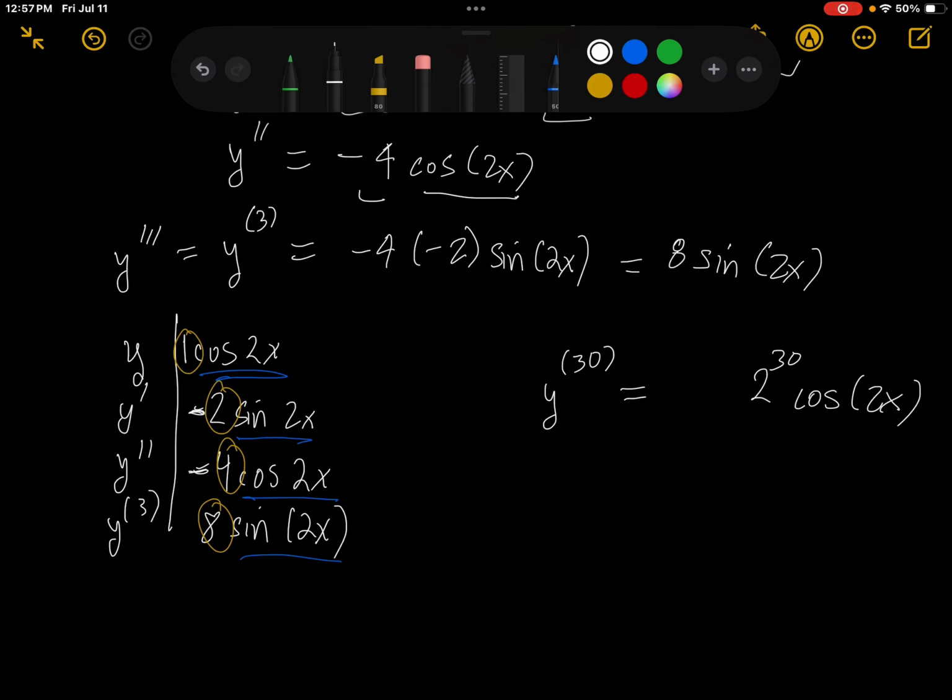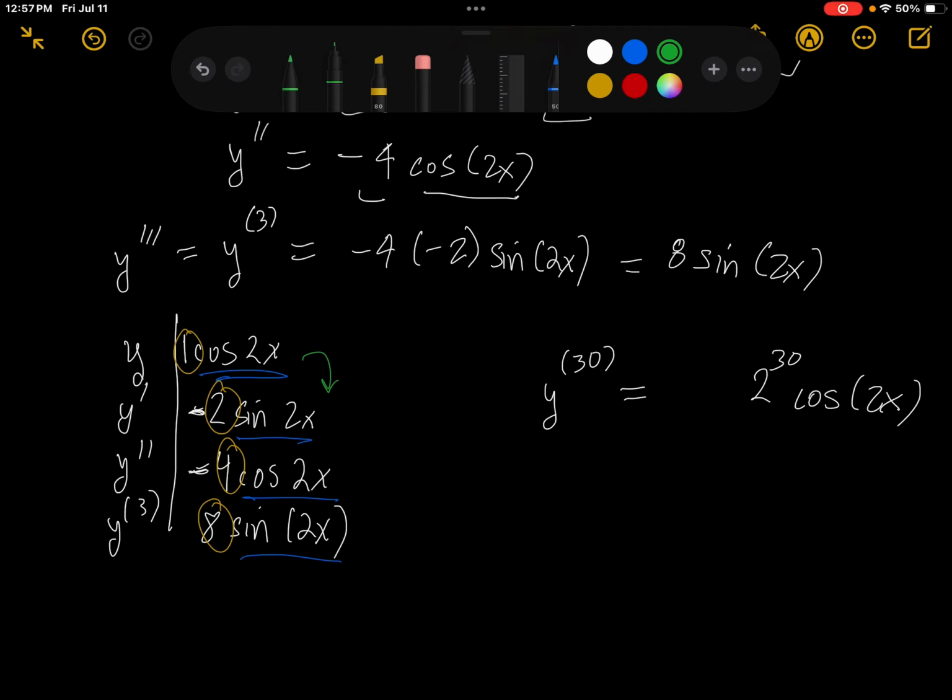So again, we have to think about, okay, what's causing the minus to show up? And what's causing the minus to turn back to a plus? Well, we see that when we take the derivative of cosine of 2x, you get a minus, because the derivative of cosine x is negative sine x. That's where that negative is coming from.